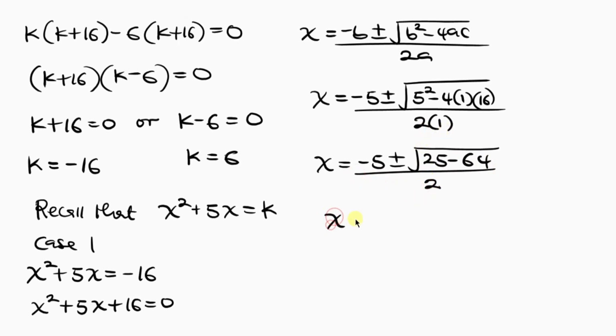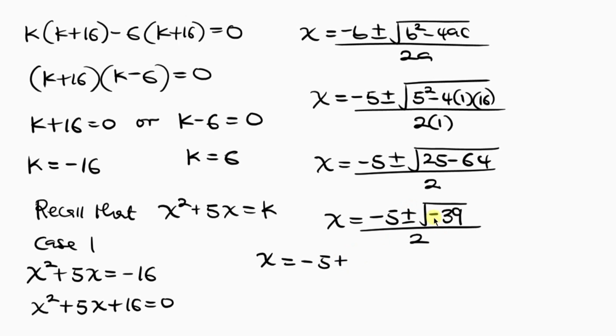So the value of x becomes negative 5 plus or minus the square root of 25 minus 64, which is negative 39, all over 2. So we have two values of x here. The first value of x will be equal to negative 5, and I'm going to take the plus.